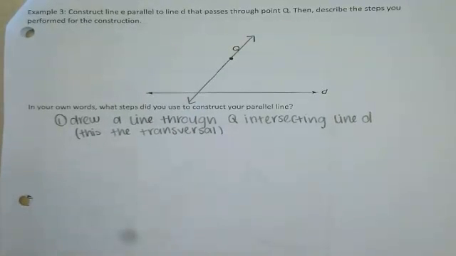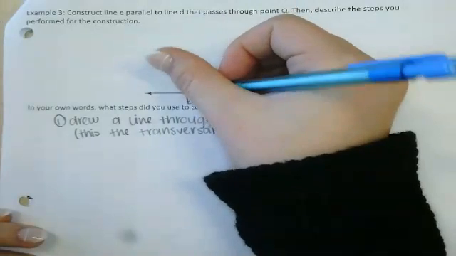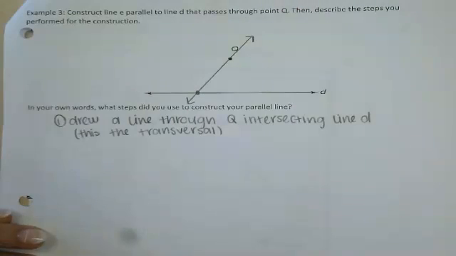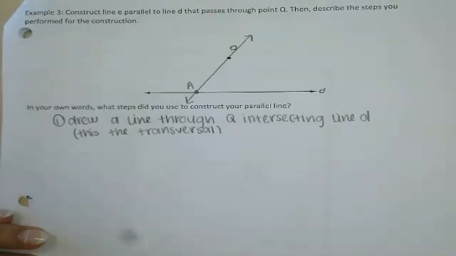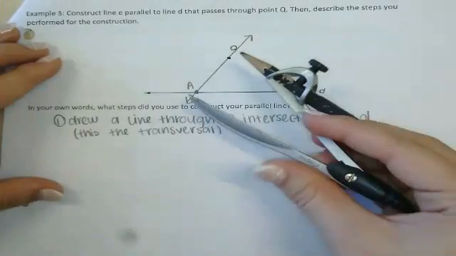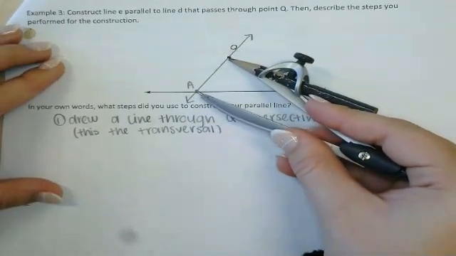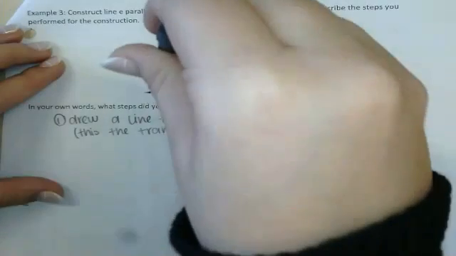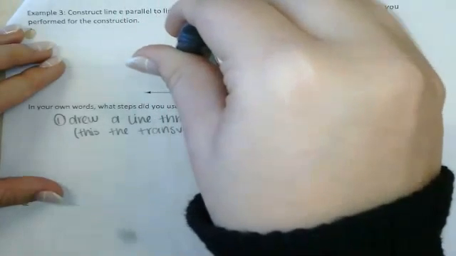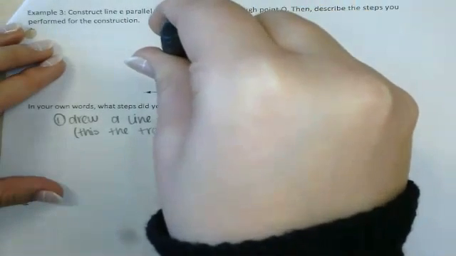Okay. All right, once we do that, we then put the pointed end of our compass where this segment we drew intersected the original, and we'll call that place where they intersected point A. Okay? And you are then going to make an arc that is about half the distance or half the width of it would be from point A to point Q. And it has to intersect both the segment that was already there and the segment that you just drew.